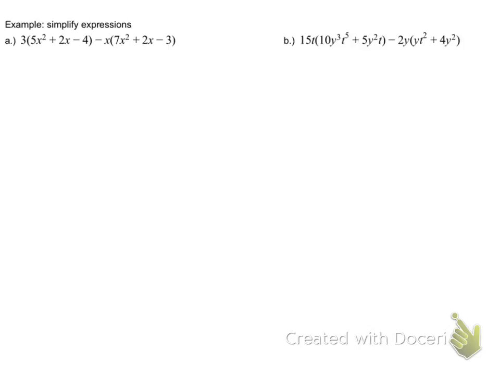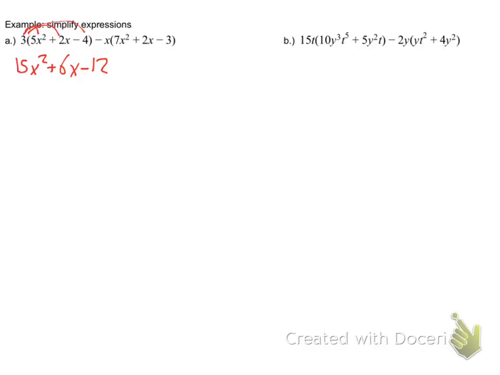Is that a negative 1 then? What do you mean? That's a negative x. A negative 1x, right. So, take the 3. 3 times 5x squared is 15x squared. 3 times 2x is 6x, and 3 times negative 4 is negative 12.